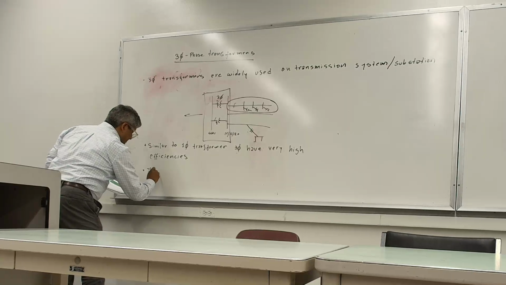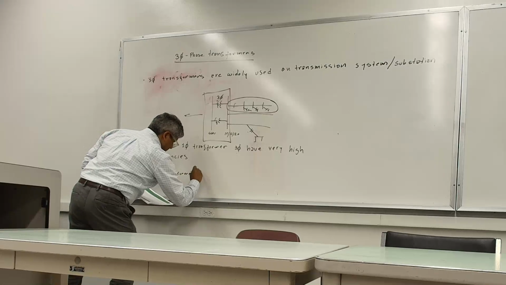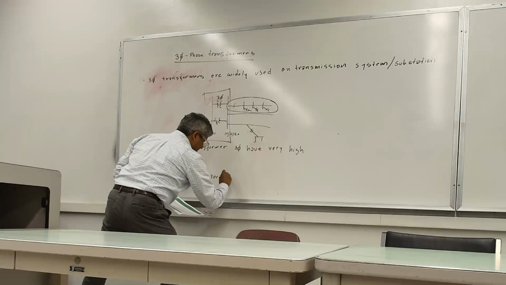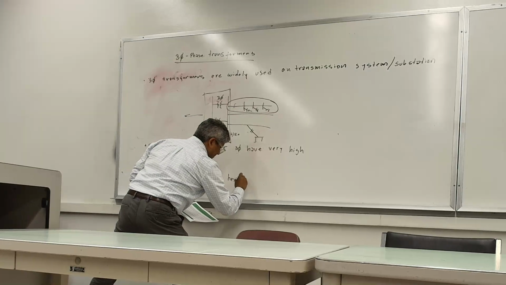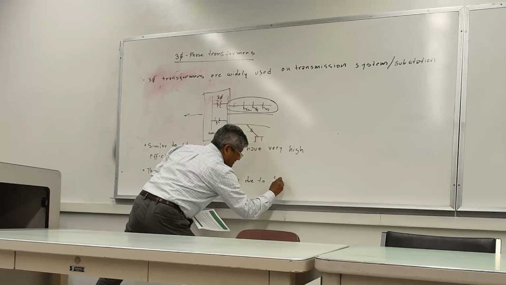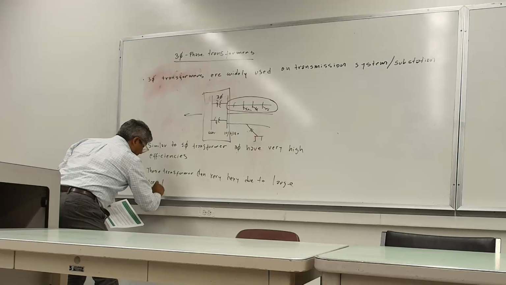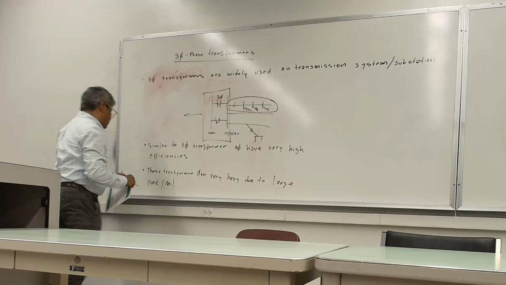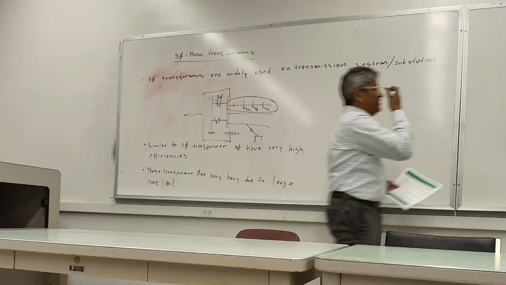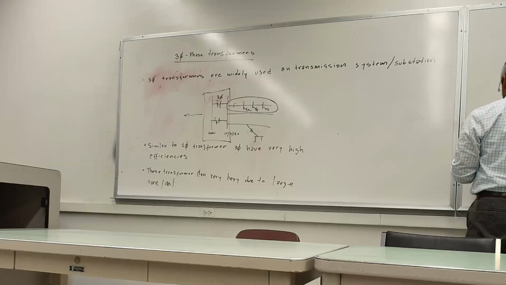These transformers could be very heavy due to the large core mostly. We can say coil, but really the weight comes from the core of the transformer, the steel part of the transformer. But they tend to be, more than distribution transformers, very, very heavy in nature.